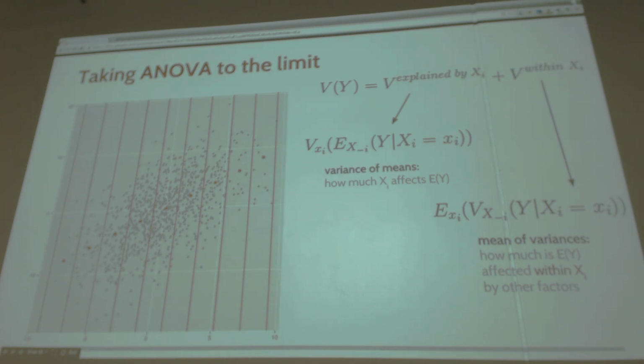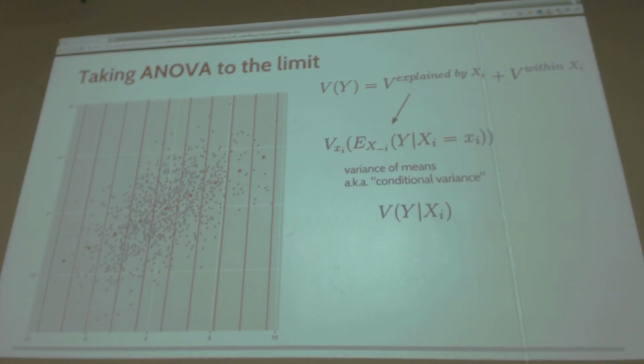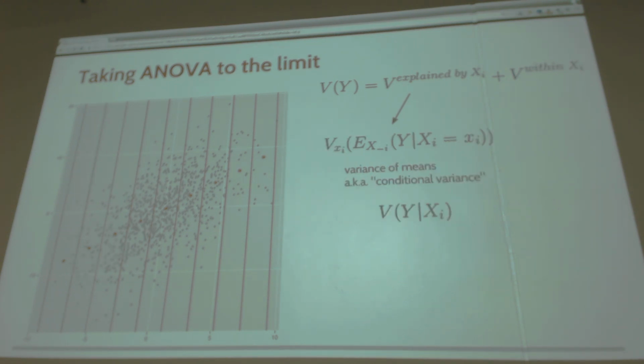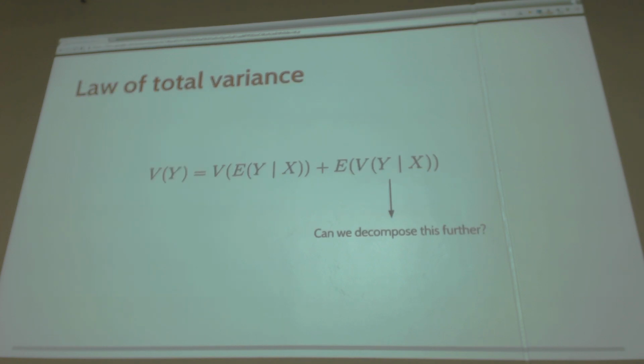It turns out that the variance of the output can be represented as the sum of variance between buckets and variance within buckets. So total variance is variance of means plus mean of variances. It's called the law of total variance.